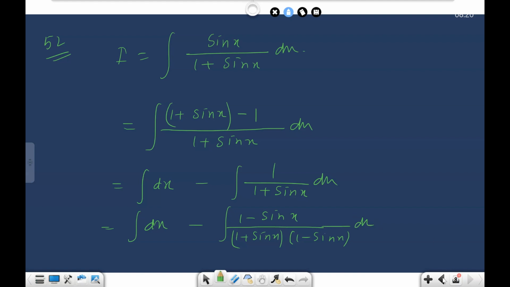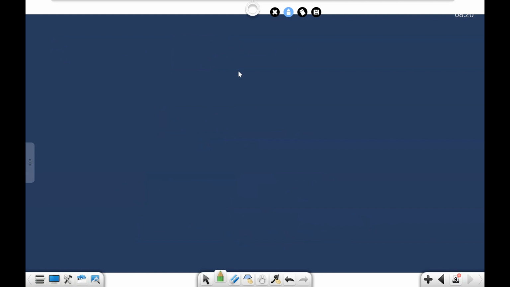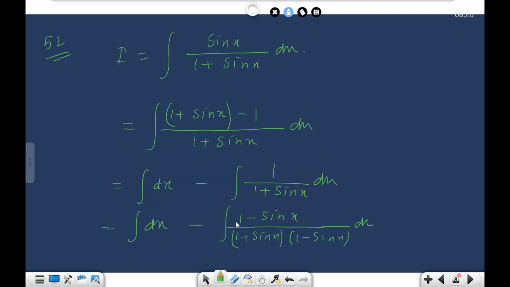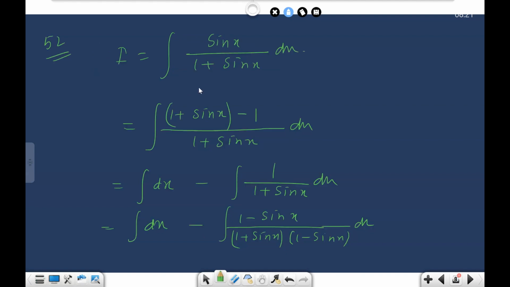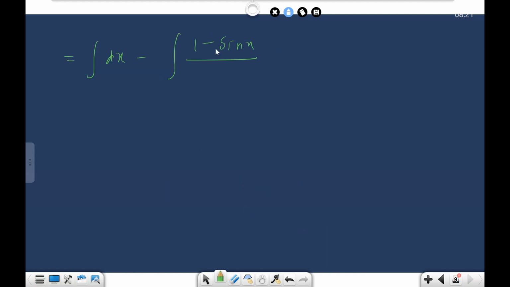And after this, it is equal to, the first term is only integration of dx, minus, numerator is 1 minus sine x, so integration of 1 minus sine x is in the numerator, divided by, in the denominator this is a square minus b square, so I can write 1 minus sine square x and dx.